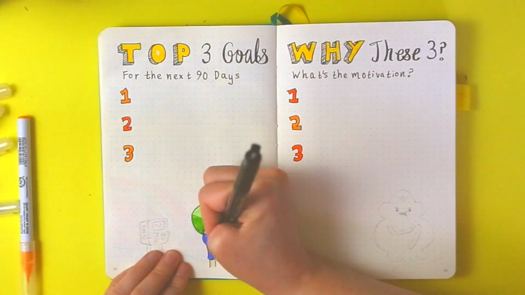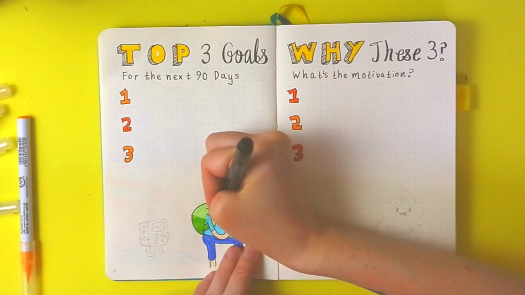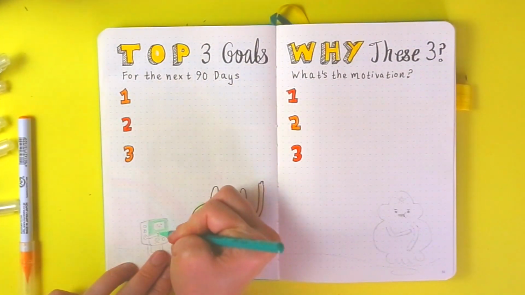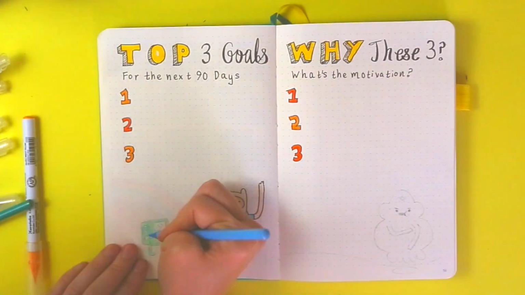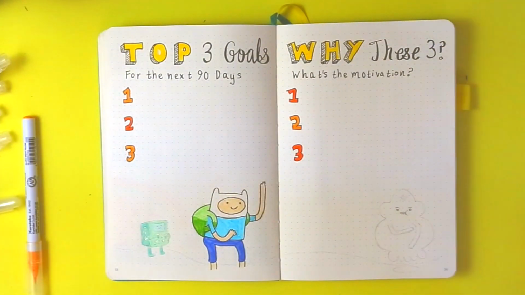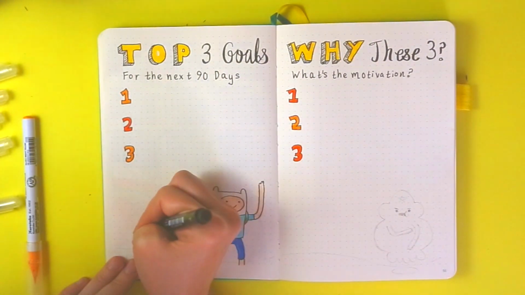But anyway, I'm super excited to use this spread because I am big on goal setting and I'm obsessed with quarterly planning. So choosing 3 main goals for the quarter and really getting focused on those and on my why for those is something I'm super into. I've been doing quarterly planning like this for a little over 2 years, and it's been a game changer.